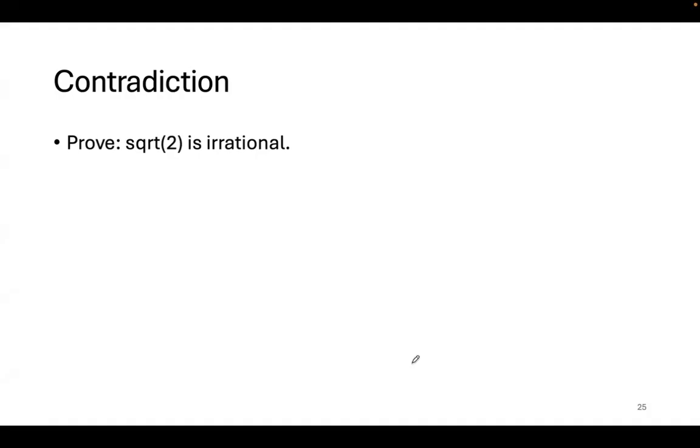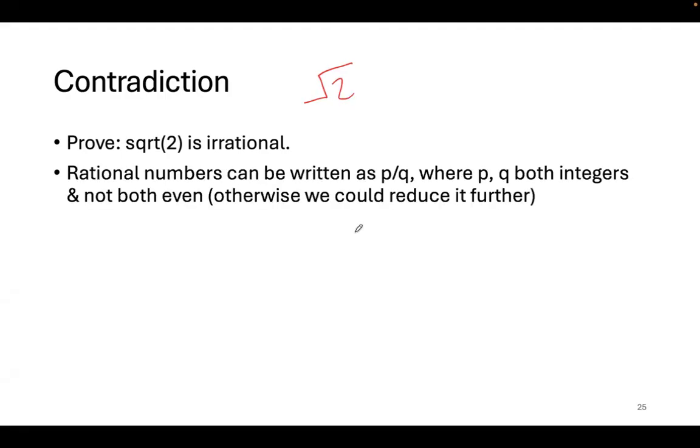So we're going to look at a very famous example of a contradiction proof, which is that we want to show that the square root of 2 is irrational, right? Something to know is that rational numbers mean that we can write them as a fraction.